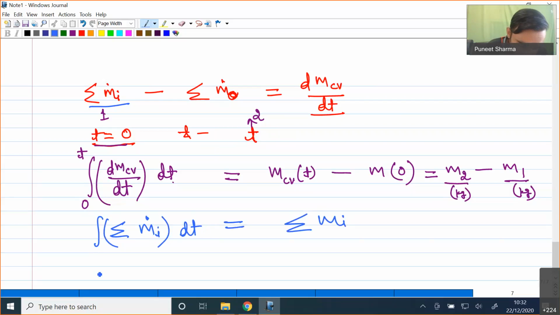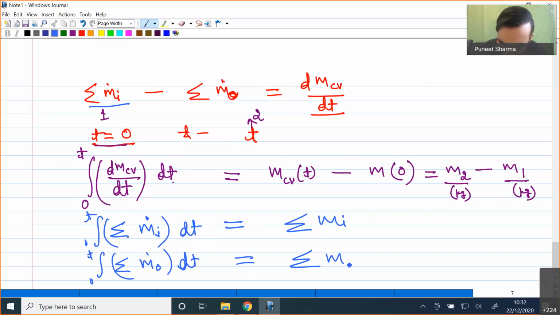Similarly, if I integrate the summation of mo dot over the period dt within the specified limits, this also will be the sum of all the masses which are going out. So instead of the rate term, we will have the amount of mass during the period.